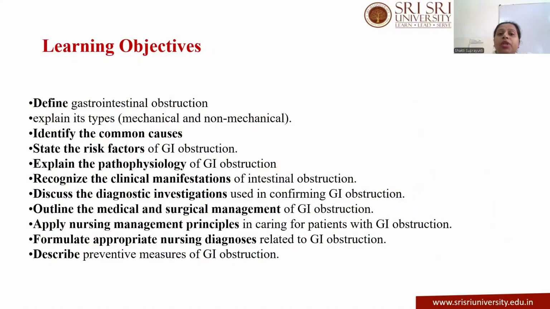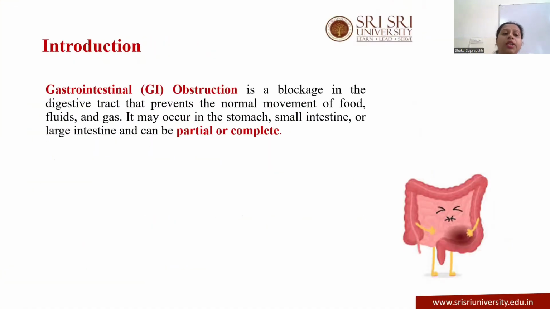Firstly, we discuss the introduction of GI obstruction. In the introduction, we know GI obstruction is a blockage in the digestive tract that prevents the normal movement of food, fluid, and gas. It may occur in the stomach, small intestine, and large intestine, and it can be partial or complete.